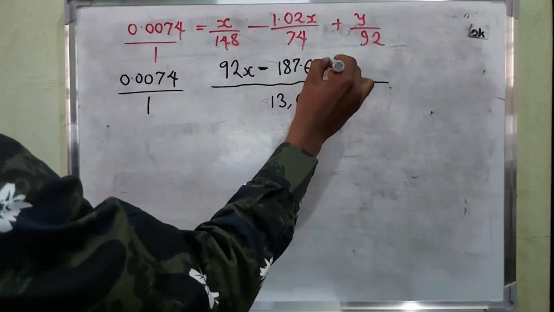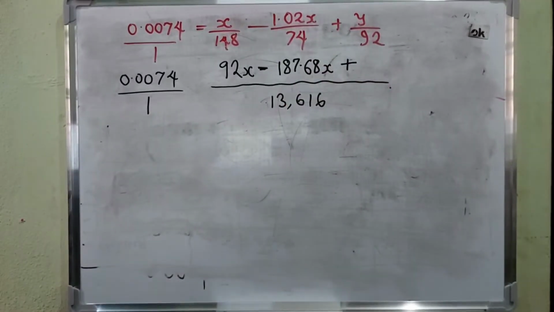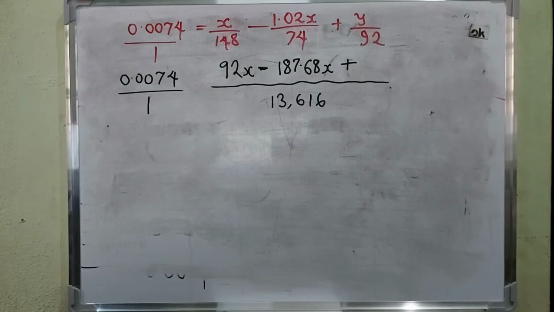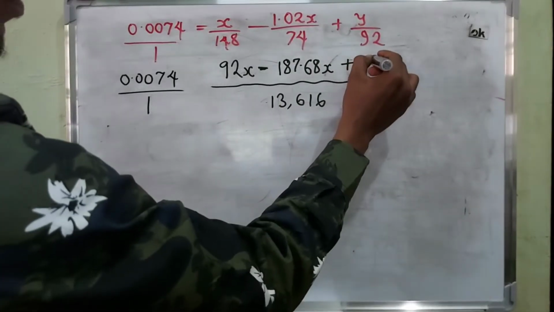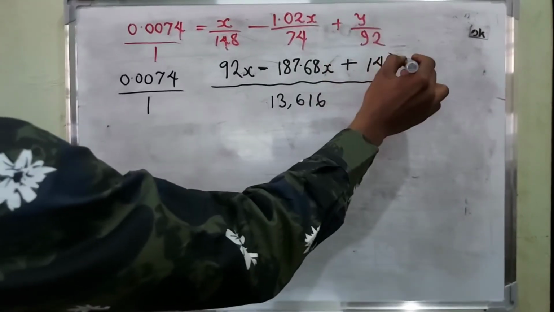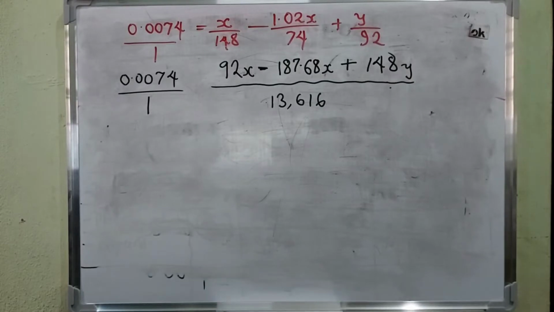Remember, there's an x here. Put your plus sign. Now 13,616 divided by 92 will give us 148. Of course, 148 multiplied by y is 148y. So we now have this expression.